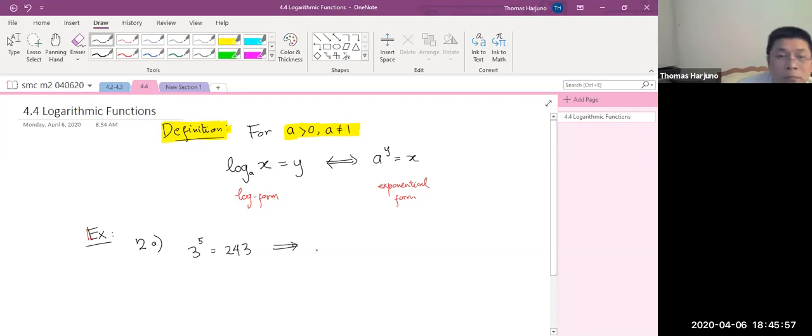The log form will be log base 3. Now this 3 here, that's the base, is a subscript, which means it's smaller and lower. Okay, log base 3 of 243 equals 5.